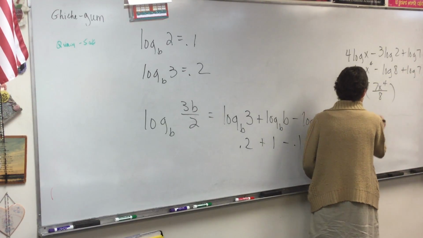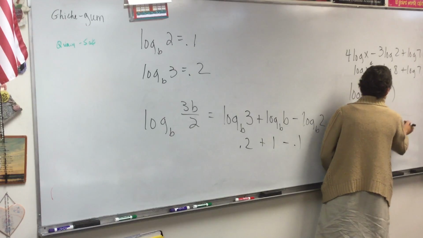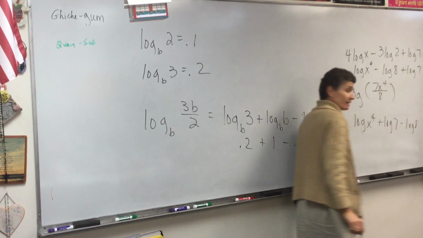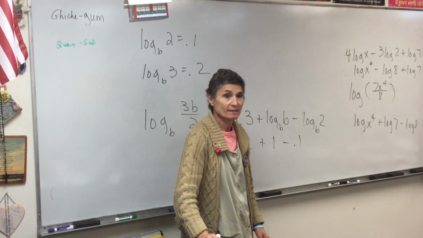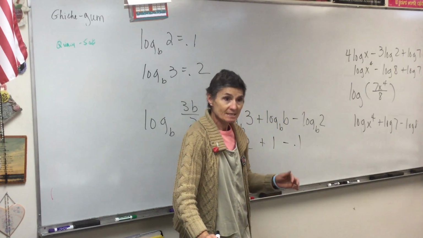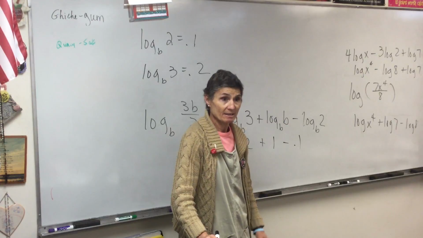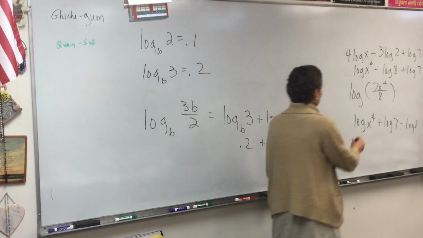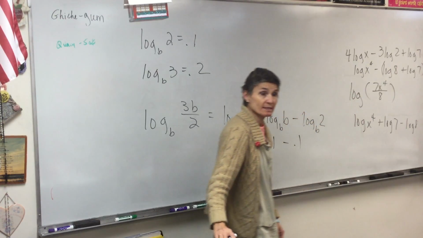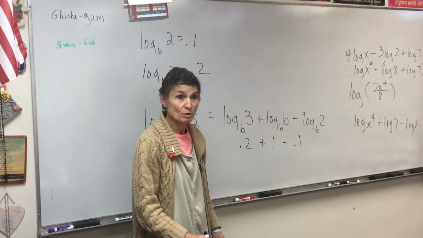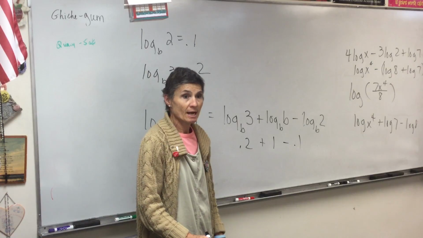That can be written like this, can it? Clearly the 7 belongs on top. It's not being subtracted. It's being added. If I had parentheses here, then the whole thing would be subtracted and the 7 would be included in that subtraction. But it's not now.